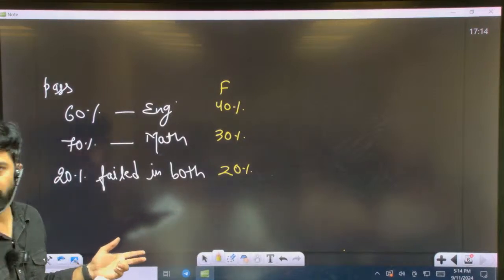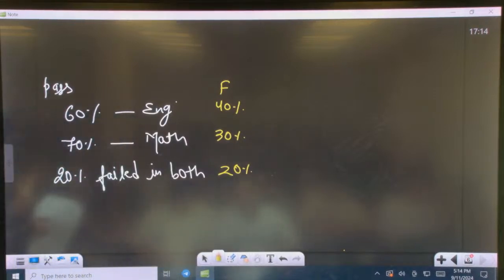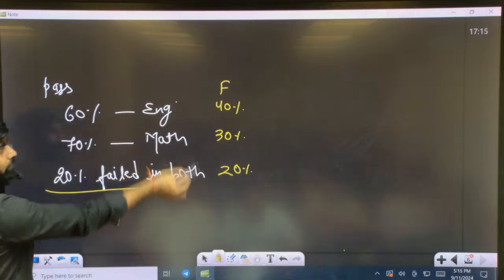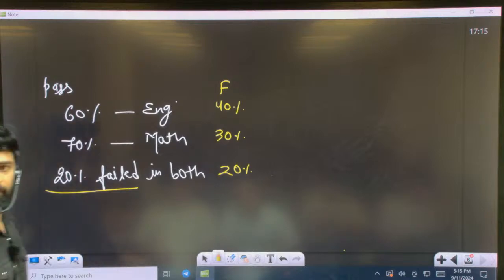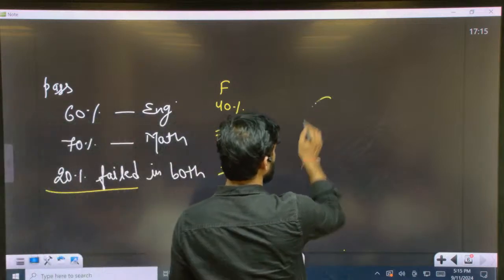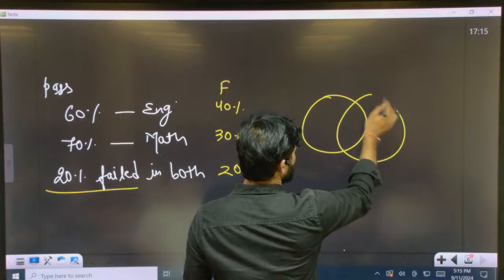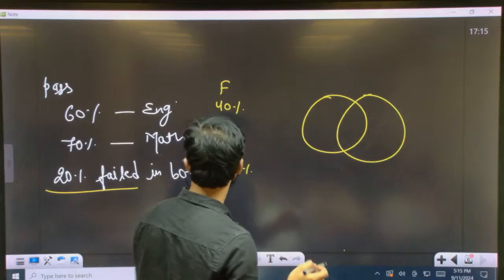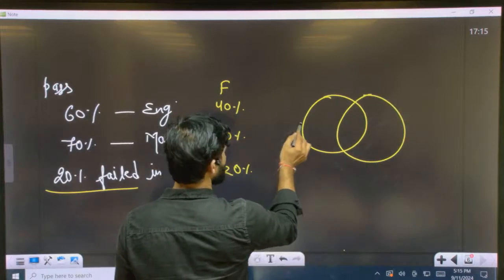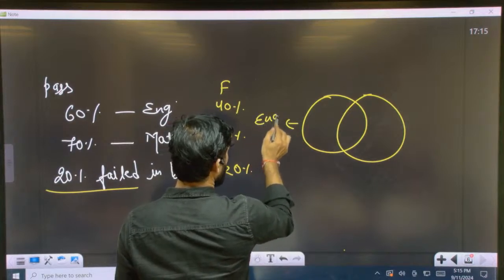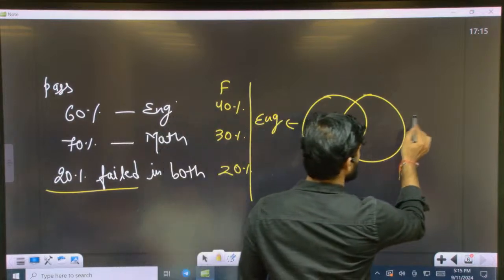This is easy because in the common part, just try to understand. In the common part, we have failed. We can take the fail units. Okay. So this is for English, and this is for mathematics.